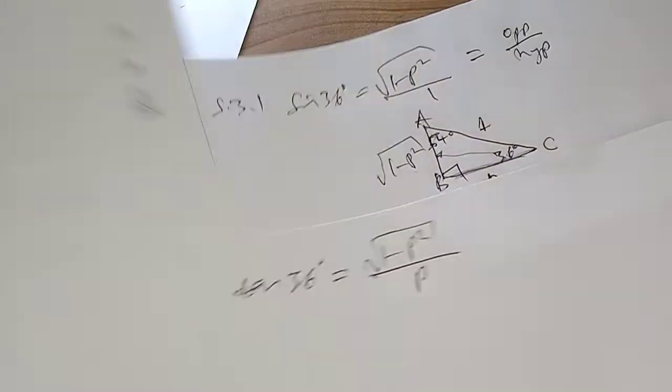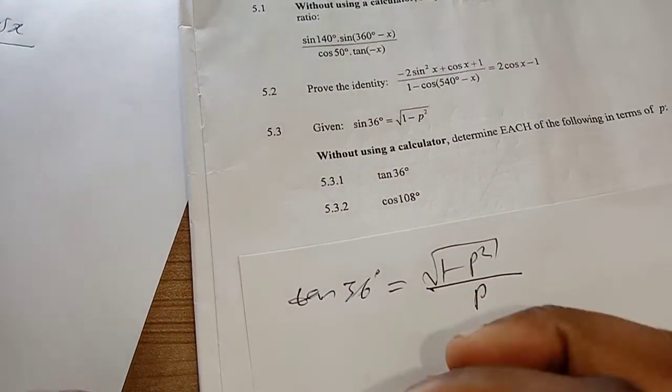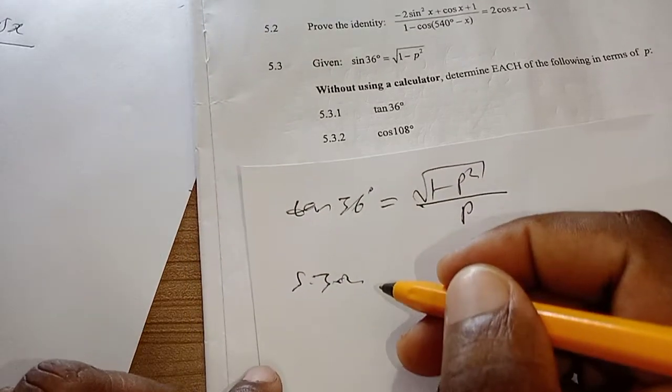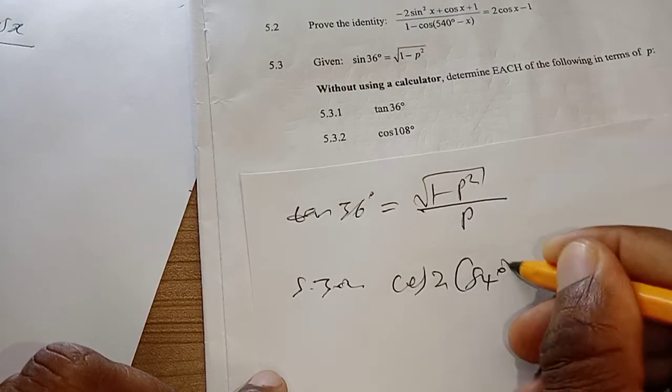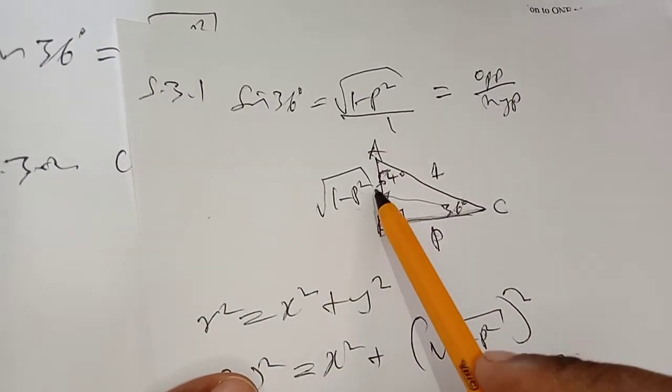Then here we are going to say we are having cos of 2 times 54 degrees. Remember, 54 is our special angle in this triangle, okay?